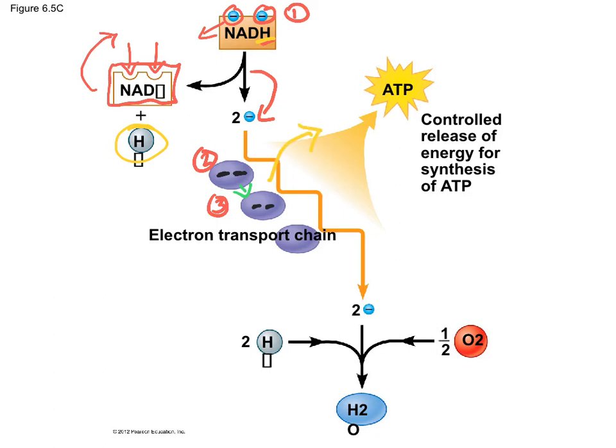Then the third carrier is going to pass those electrons off to number 4, and when that happens, a little bit of energy is released. This continues on through what we call the electron transport chain. And ultimately, at some point, there isn't going to be another carrier to accept electrons.